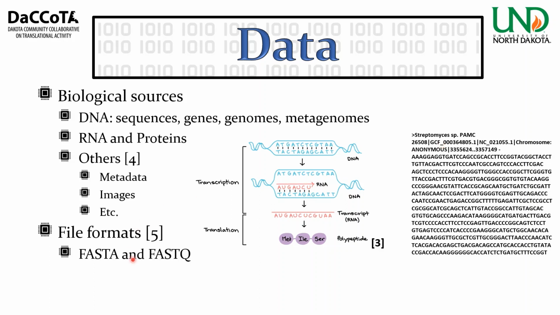And then the difference between a FASTA and FASTQ: a FASTQ has a couple additional lines, and the Q is for quality. It'll have a quality score for all the different sequences. Whenever you sequence things, there's a certain accuracy, and quality scores tell you how much you can trust each sequence.